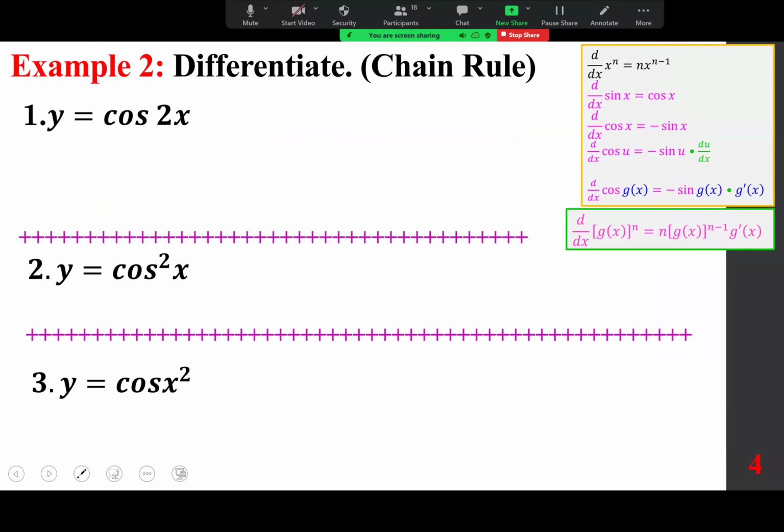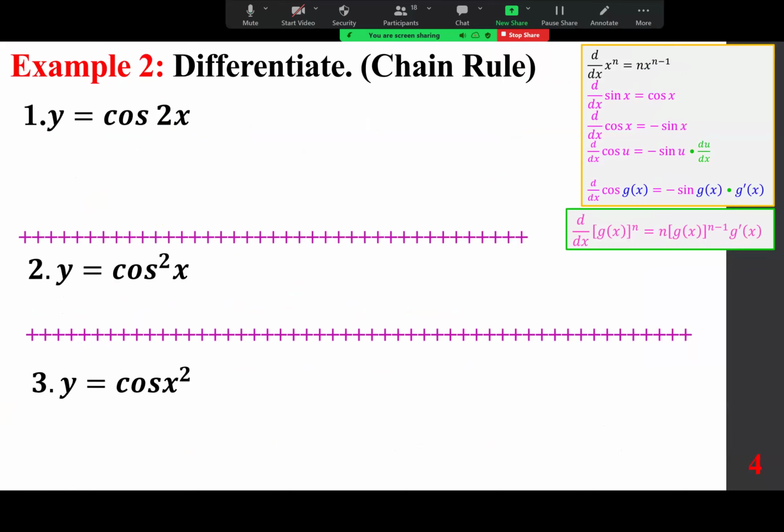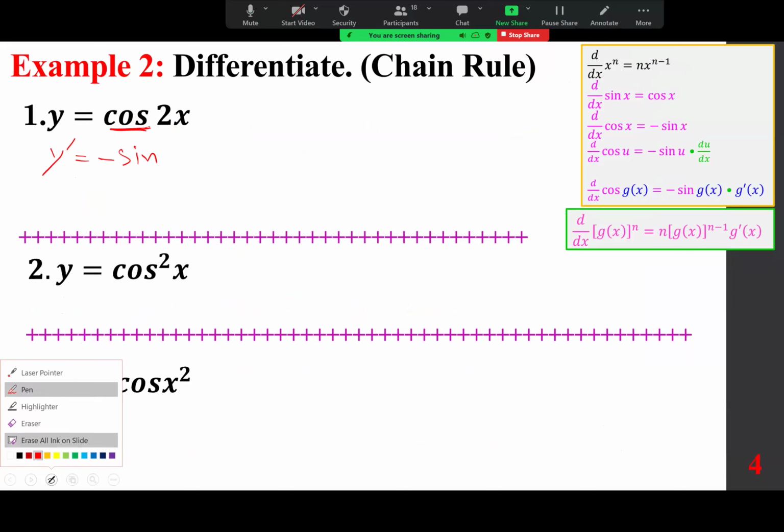Cosine in all cases. So you want to take the derivative of cosine 2x. I remind you what I mentioned before. Anytime you're dealing with a trigonometric function, just read cosine, not the argument, and stop. And the answer is negative sine, and stop. Every trigonometric function must have an argument, and it does.